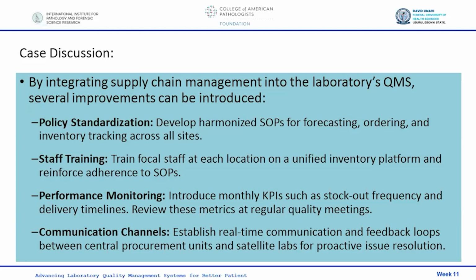Communication channels. It is important to establish real-time communication and feedback loops between the central procurement units and the satellite labs for proactive issue resolution. And these are the risk management strategies you have to employ.